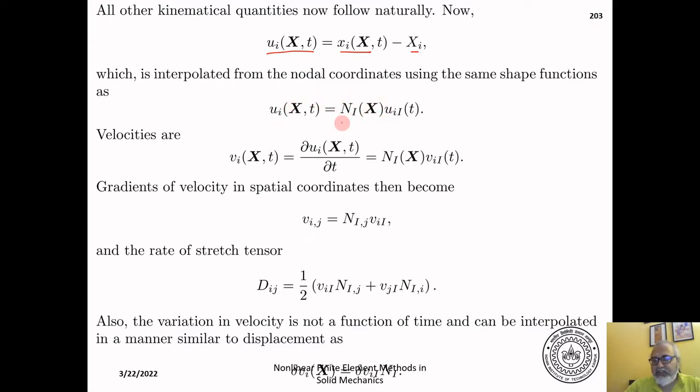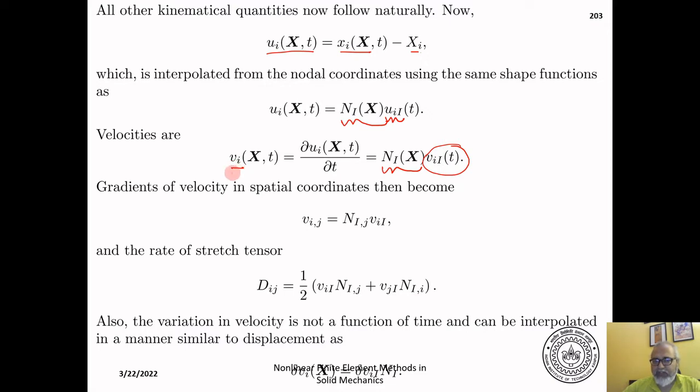So we use the same shape functions capital Ni to interpolate, and these are the displacements at the nodes of the element. Vi is the same. The velocities at the nodes are done in the same way. So the same shape functions are used to interpolate the nodal values of the velocity.